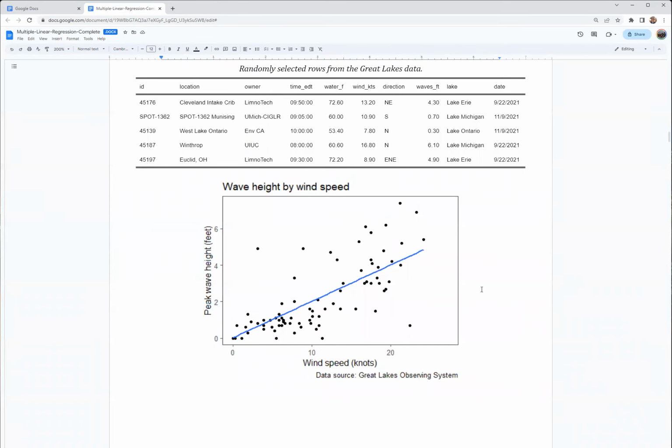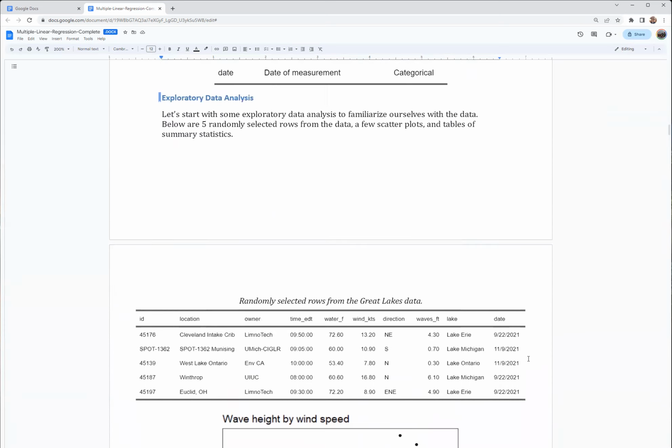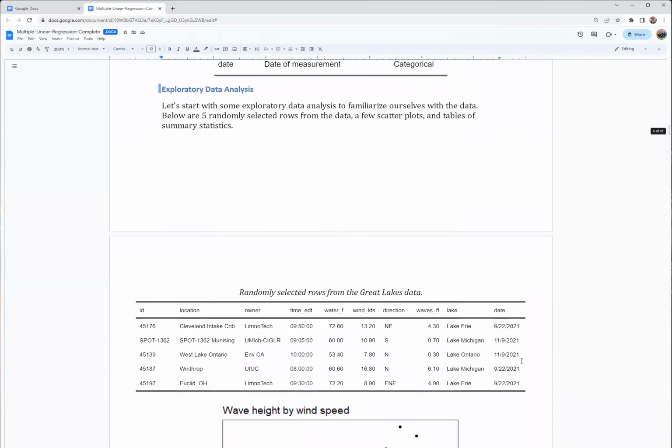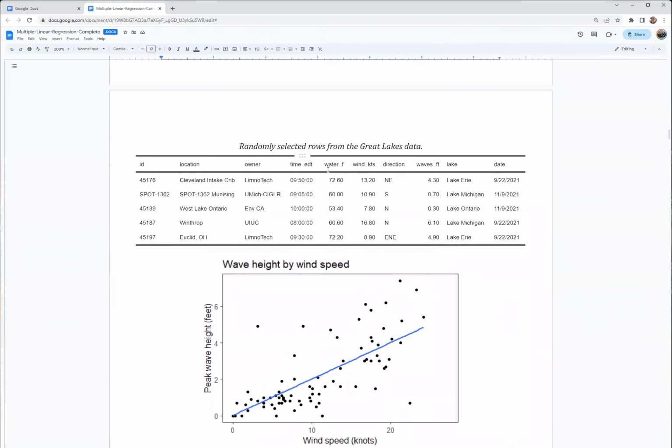And so let's start by looking at a couple of scatter plots. We're going to be focusing on modeling the wave heights. So here's the wave height in feet, which they described as the peak wave height, like the tallest wave that the buoy had measured recently. It gets as high as 6 feet here, and it looks like it was quite windy, and the waves were really tall there, and as low as 0.3 feet when it was the least windy.